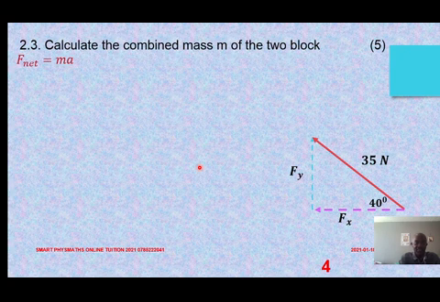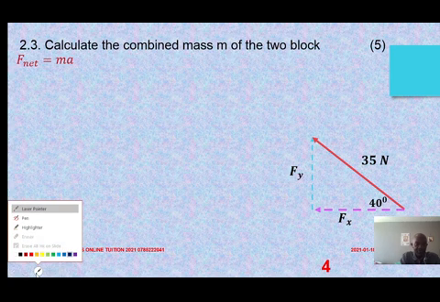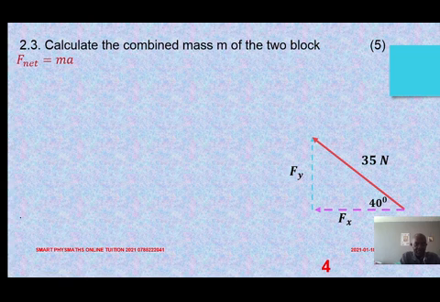Another question was saying calculate the combined mass M of the two blocks. Now let us read the question again so that we understand it together.